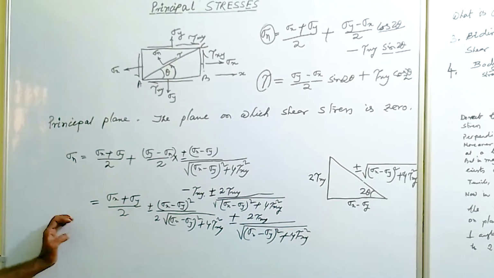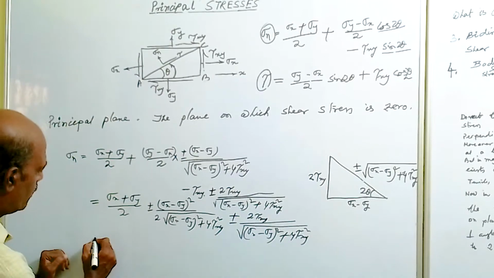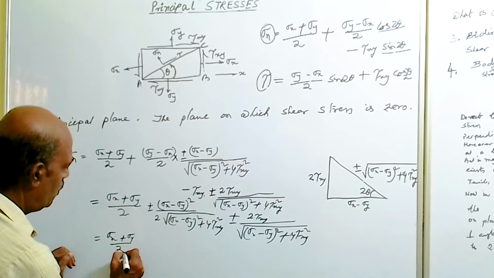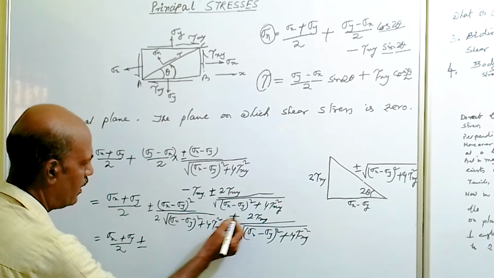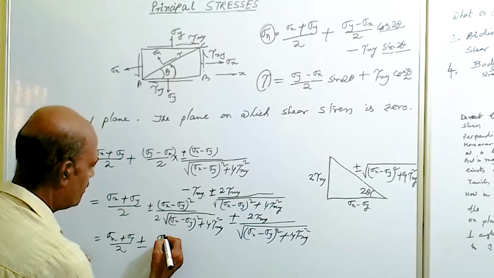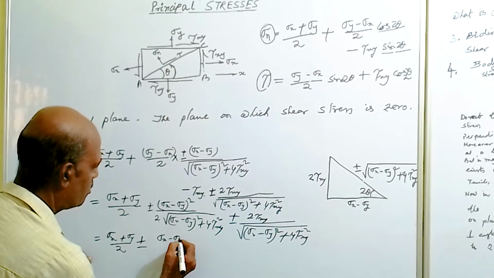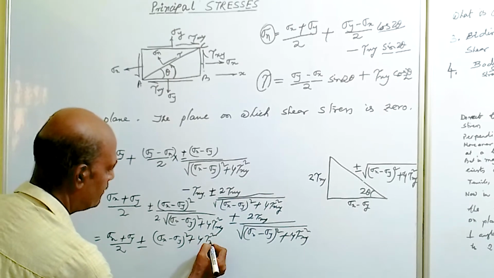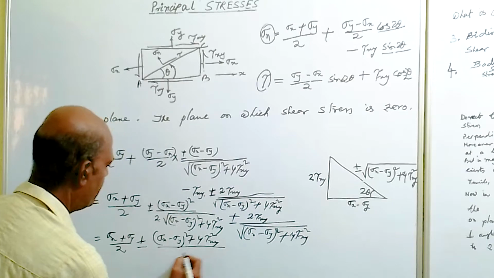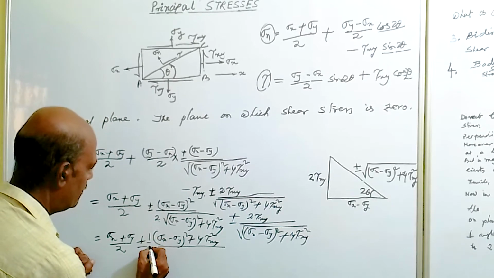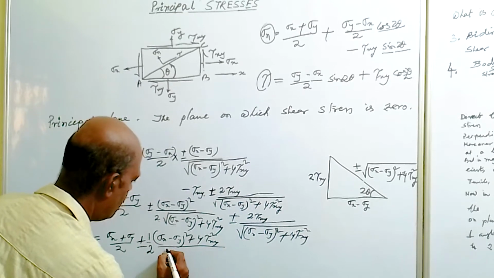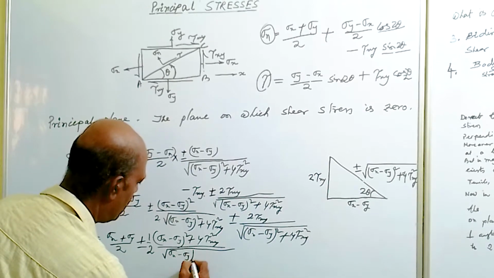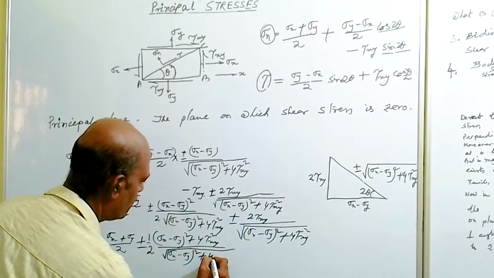Okay, so now if we join these two, it will become sigma x plus sigma y by 2 plus minus these two multiplied here. So we can write sigma x minus sigma y whole square plus 4 tau square xy divided by, so half will be there, root over of sigma x minus sigma y whole square plus 4 tau square xy.